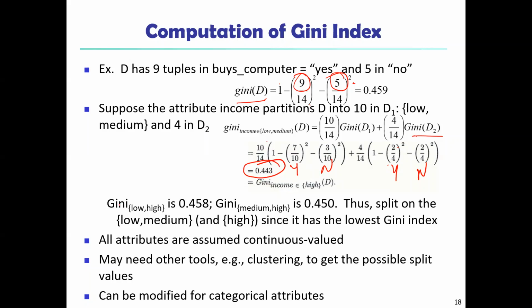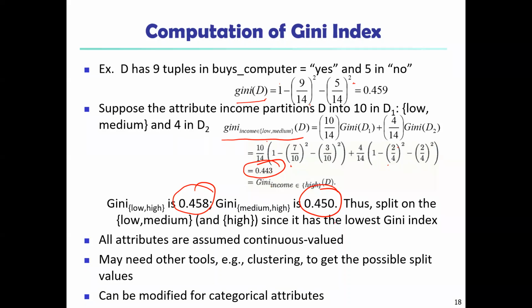Similarly, we need to find Gini for low and high, and Gini for medium and high. So we got values. Compare these three values. We need to select the lowest value, not the highest value. Which one has the lowest value? Gini income for low and medium has the lowest Gini value.